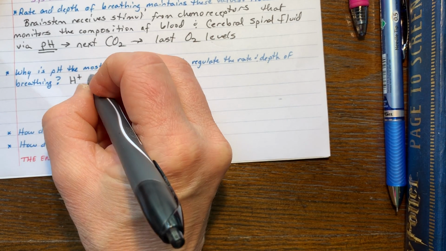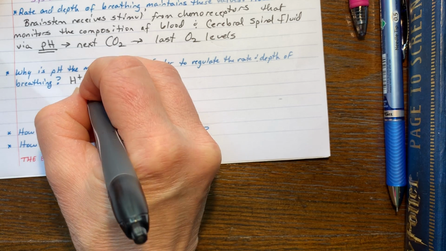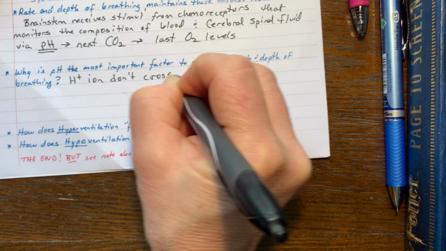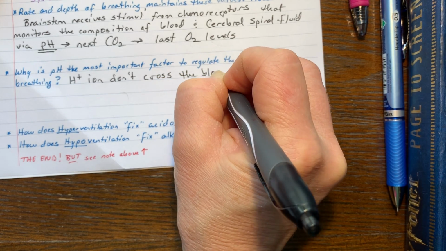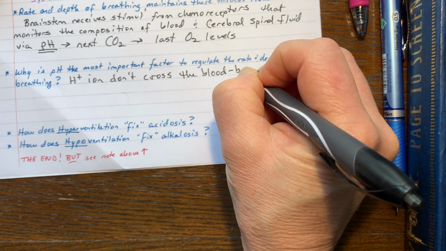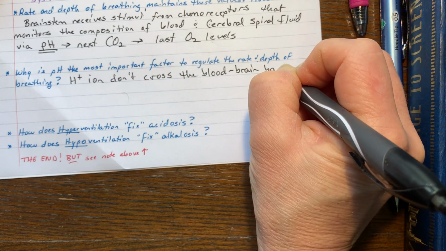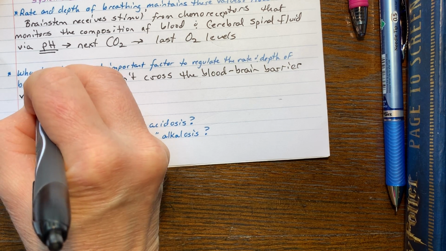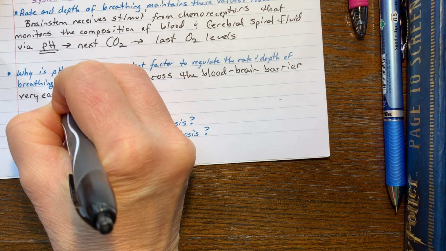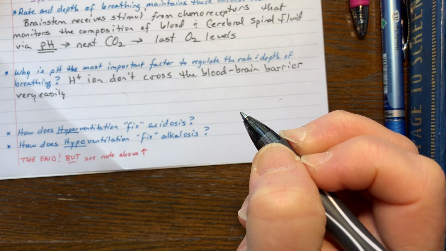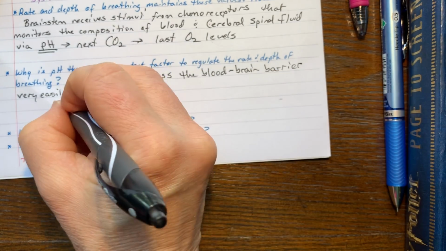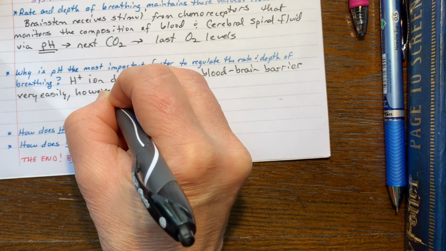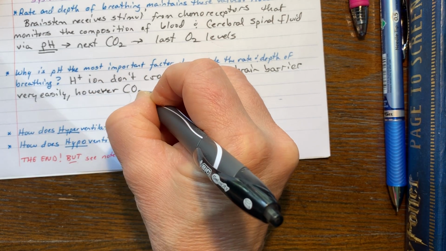Hydrogen ions don't cross the blood-brain barrier very easily. However, CO2, carbon dioxide, does.